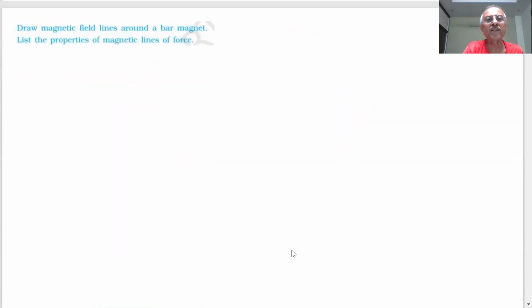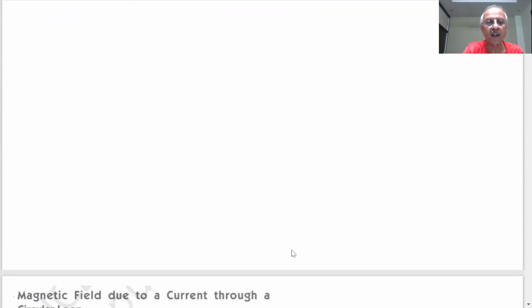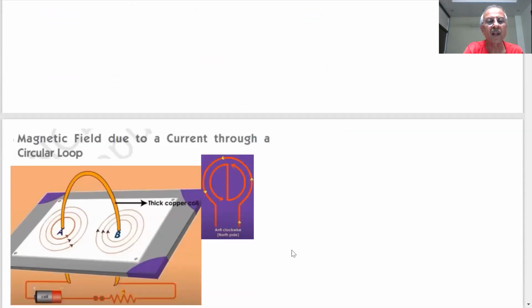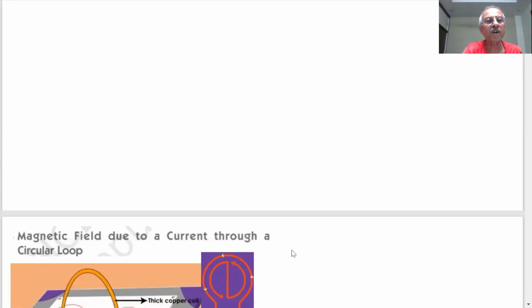Draw the magnetic field lines around a bar magnet. List the properties of magnetic lines of force. This we already know how to draw. What was that question, students?